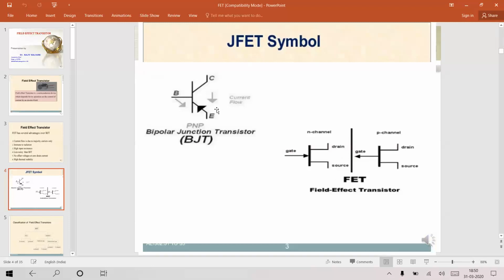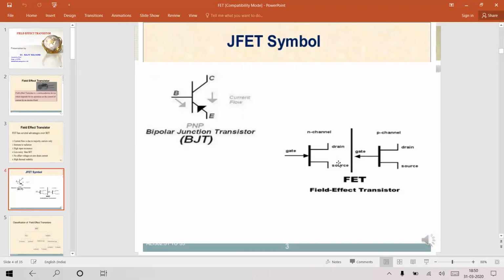Whereas BJT, just try to compare FET with BJT. BJT is also a three terminal device, where you have the emitter from where the charge carriers are emitted, and there is a base region which is lightly doped through which current conduction takes place, and then the collector where the charge carriers are collected. So you can compare FET terminals with BJT terminals.